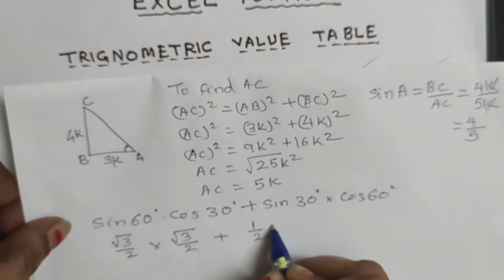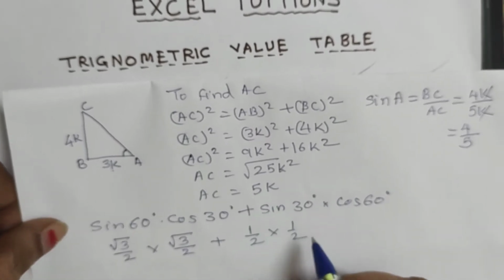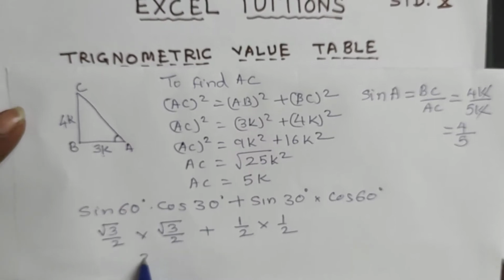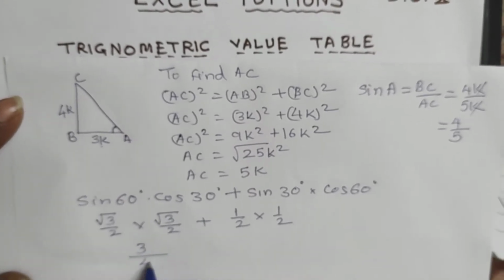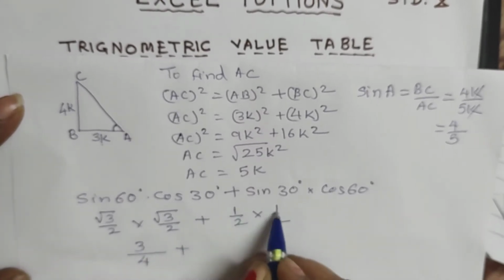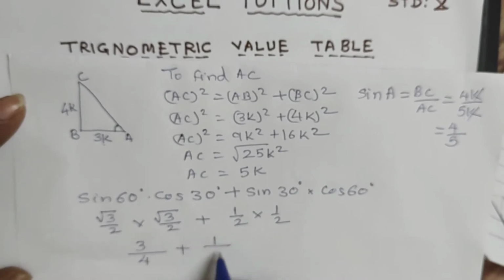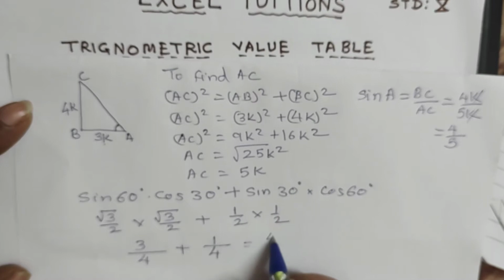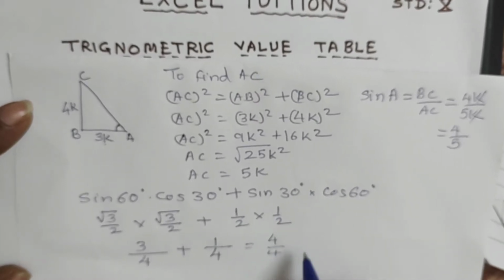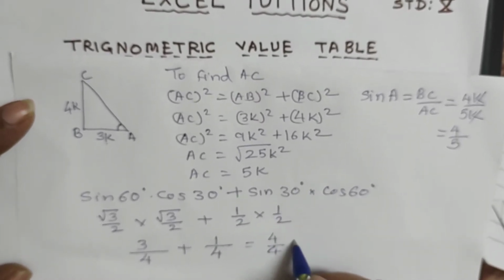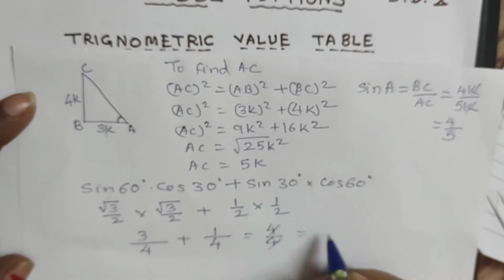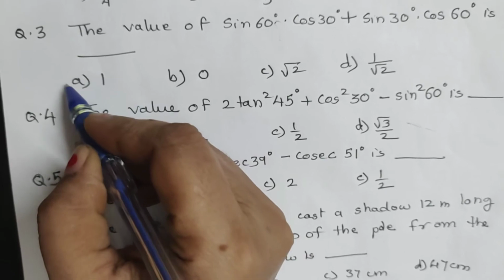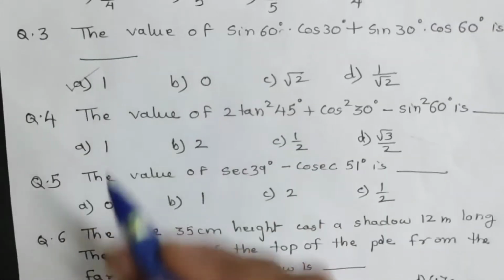So 1 upon 2 into 1 upon 2. So multiply this. Root 3 into root 3 is 3 and 2 into 2 is 4, plus 1 into 1 is 1 and 2 into 2 is 4. So the answer is 4 upon 4, that is 1. So the correct answer is option A, 1.